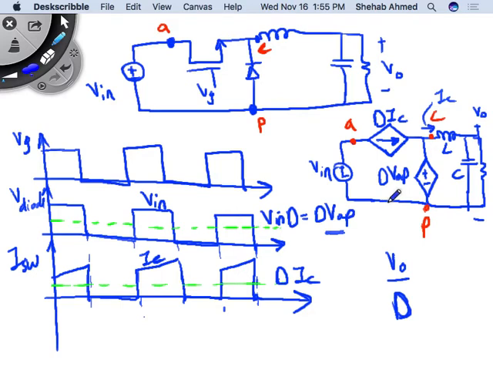Batteries like to be charged with a constant current. So if you're charging a battery, it's IL to duty ratio. That will be the transfer function of interest. So depending on your application, your transfer function is either going to be controlling the output voltage or average output current. Because here you're controlling the average output current in this case.